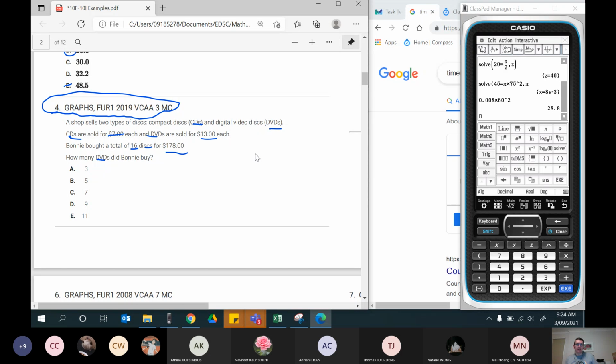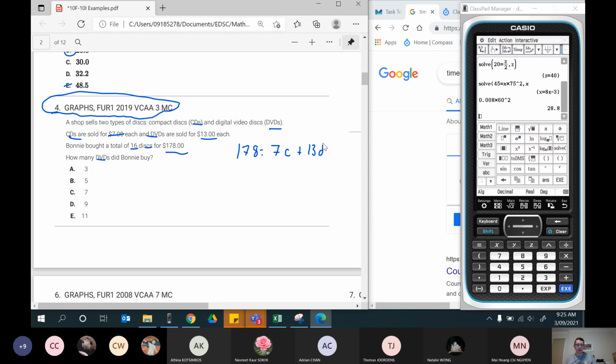Well, she spent $178, and that came from a certain number of CDs that she purchased, and the CDs are $7 each. So let C be the number of CDs that she bought, and 13 would be for the number of DVDs that she bought.